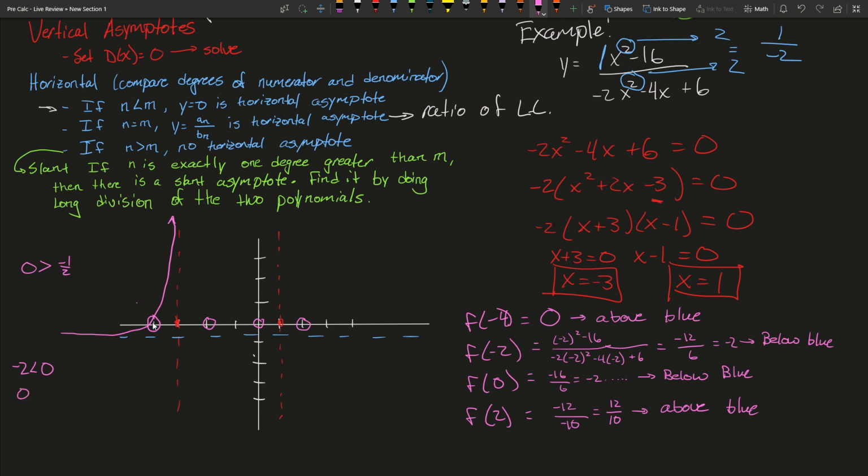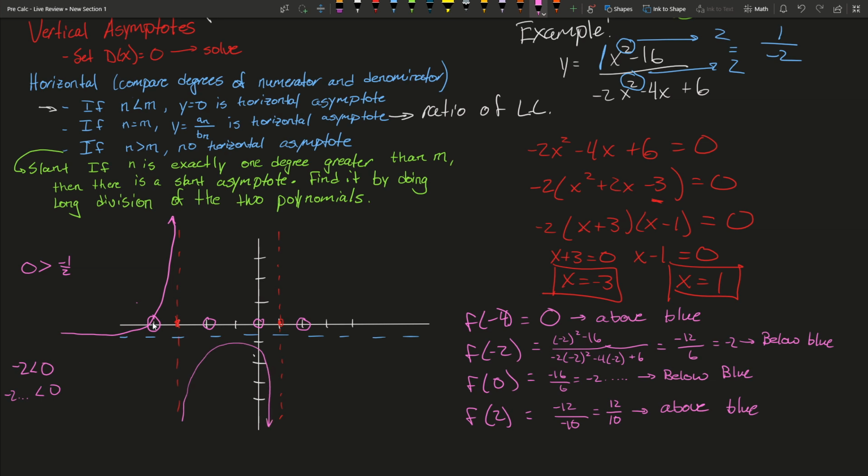When we plug in 0, we also get -2 point something, which is also less than 0. So both of those values are below the blue line. So everything in this little sector will also be below the blue line. So our graph will look something like this.